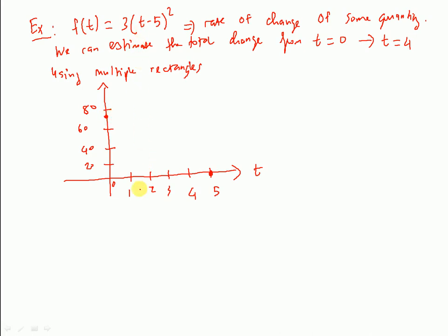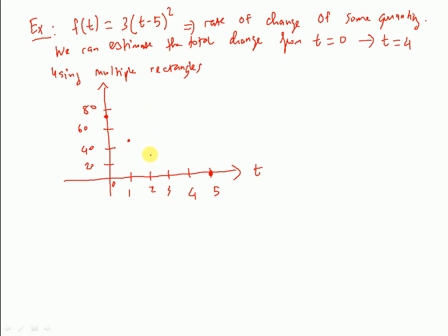At 1, you have 1 minus 5, which is minus 4, and minus 4 squared gives you 16. 16 times 3, that's 48. So it should be around here. And at 2, 2 minus 5 is minus 3. Minus 3 squared gives you 9. 9 times 3 is 27.